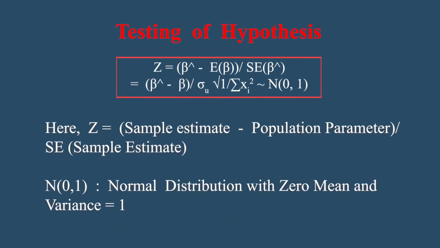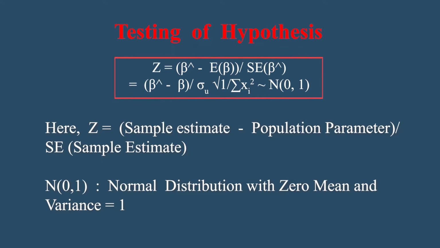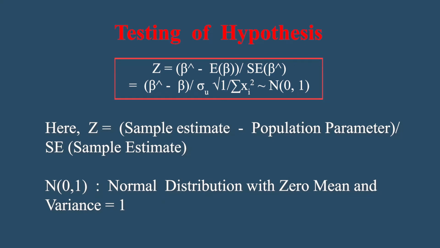So given these two properties of the beta hat, we can proceed to the testing of hypothesis of this slope coefficient, taking care of the variance of the disturbance term. In order to do that, we define the z statistic.